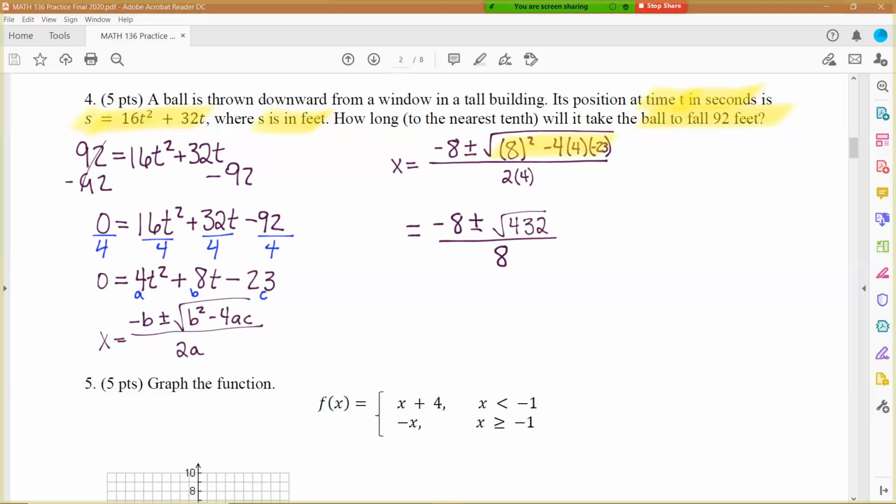What did you get for your decimal? Yep, 20.78. So since this is a word problem, we can't leave our answer like this. We're trying to figure out how many seconds to the nearest 10th it takes the ball to fall 92 feet.